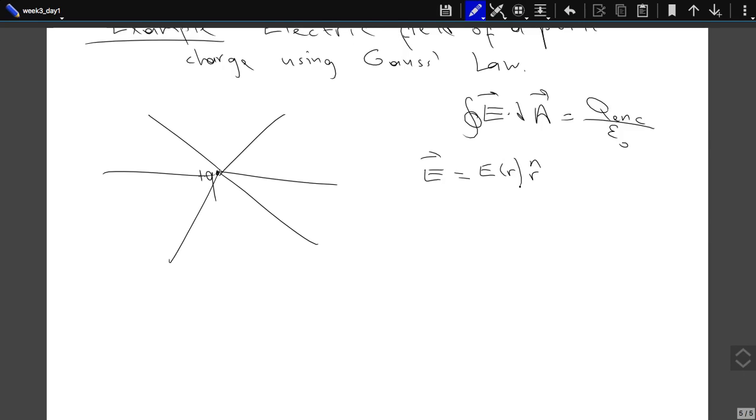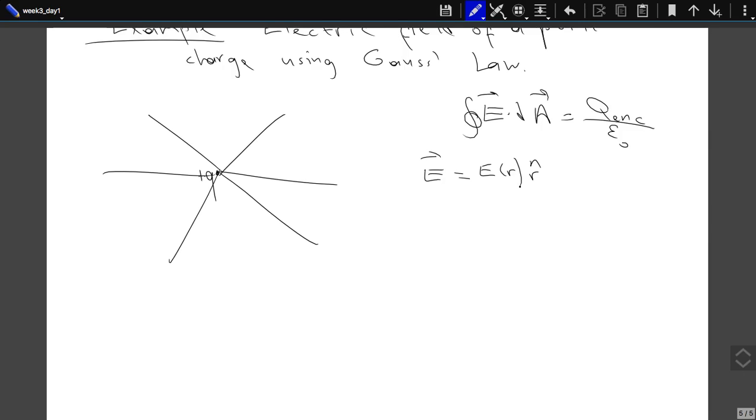Now, if you want to evaluate an integral, you should know what you are integrating, right? Another alternative is that whatever you don't know should be constant, so you can take it out of the integral and evaluate the integral.